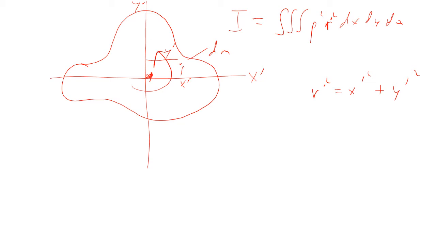And that's been done for you, let's say, and it's in a table. Like in the textbook, there's a table and it says that this is equal to I prime. Or I'm going to call this maybe I CM or even I naught. So that's the I around the center of mass.